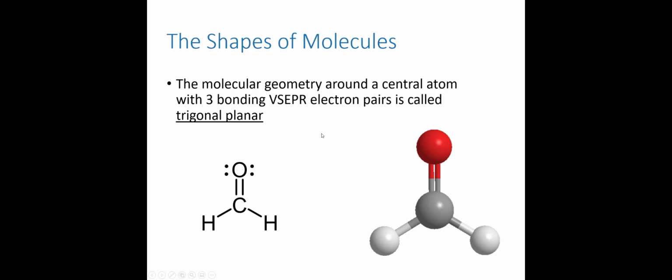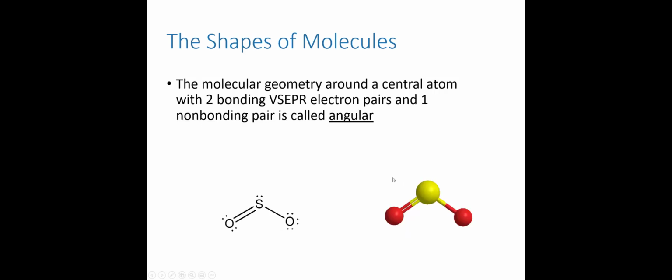What if instead we have a central atom bonded to 2 atoms, but we have a lone pair here instead of an atom? That's what we get when we have an angular type molecule, like we see here. So sulfur dioxide, which we just drew the Lewis structure for a moment ago, is a typical example of such a molecule.